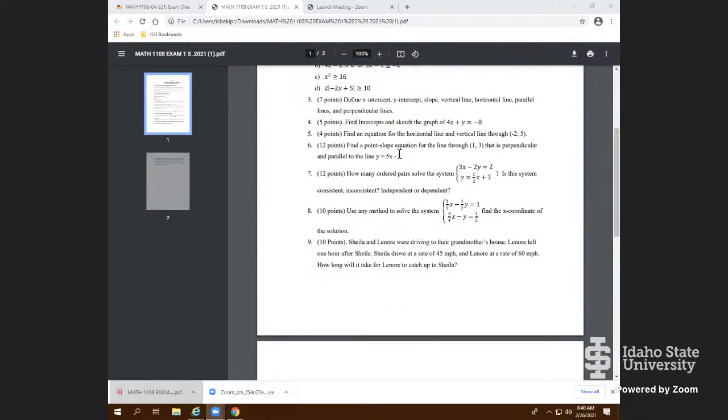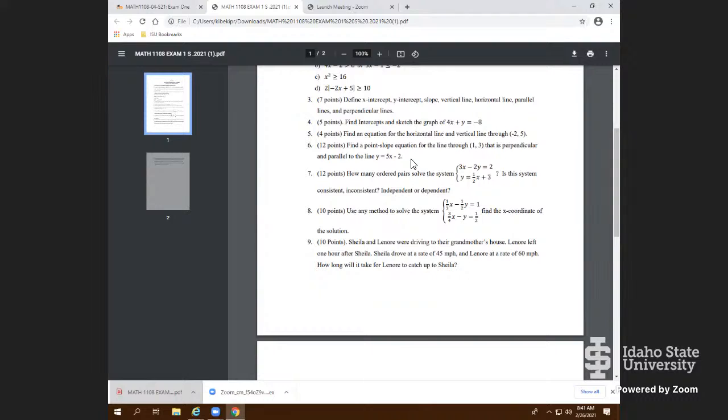So you remember how you were getting the equation. This is the equation, right? So there you can get a gradient because it's already simplified. Our gradient there is what? 5. If it is perpendicular, then the next gradient is what?